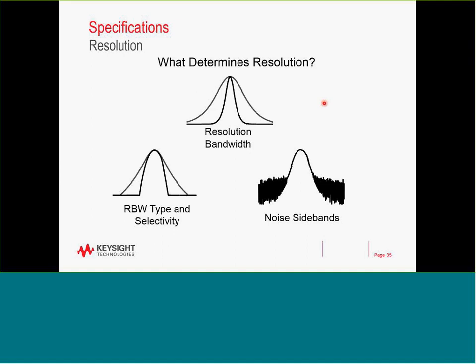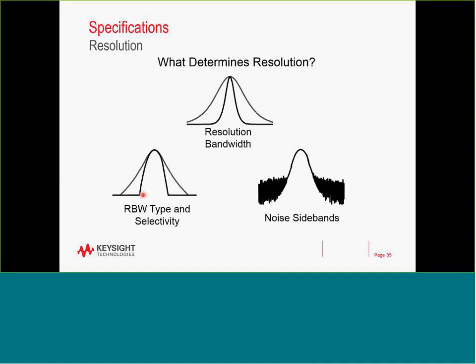Now, the specification about the resolution. Well, the resolution is determined by the resolution bandwidth filter. In other words, it is the filter I can use, but I won't use 1 hertz all the time because the sweep time will be too slow. Another factor is the type of filter used.